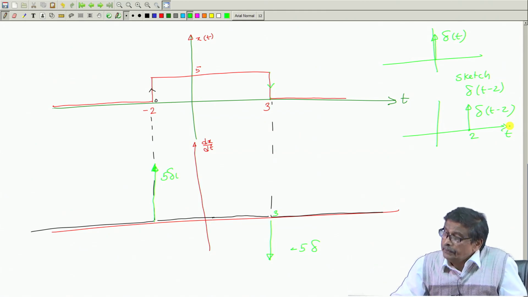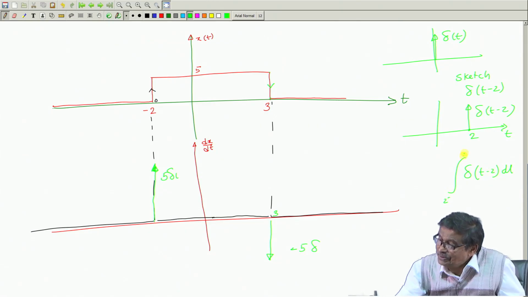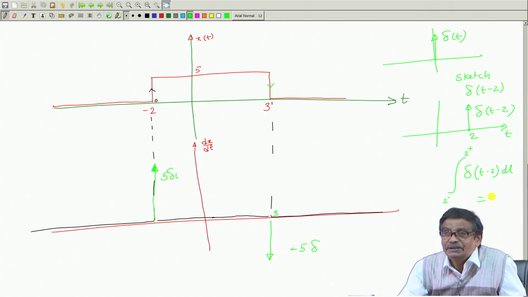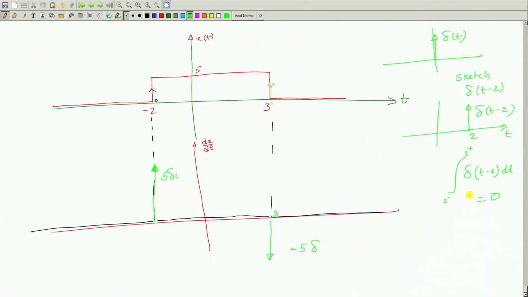Therefore, the integral of delta(t minus 2) dt is nonzero only where t minus 2 equals 0. Got the point? Therefore, this is a shifted delta function.